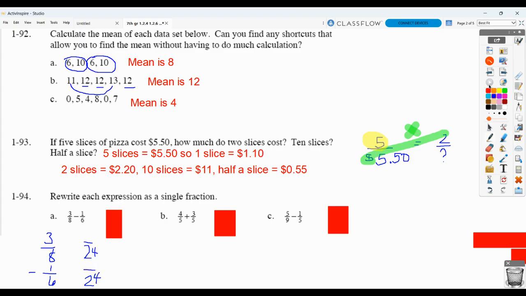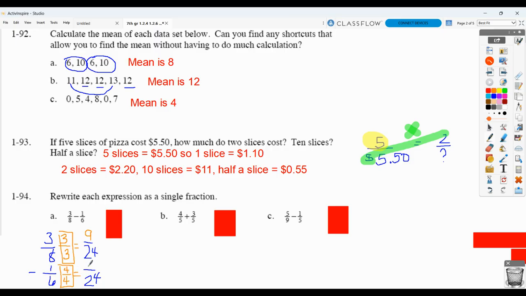Then we're saying to ourselves, what do we multiply 8 by to give us 24? And of course, that would be 3. If we're going to multiply by 3 in the denominator, we need to multiply by 3 in the numerator. So we end up getting 9/24ths. And here, what are we going to multiply 6 by to give us 24? Well, that would be 4. So that means we need a giant one of 4 over 4.